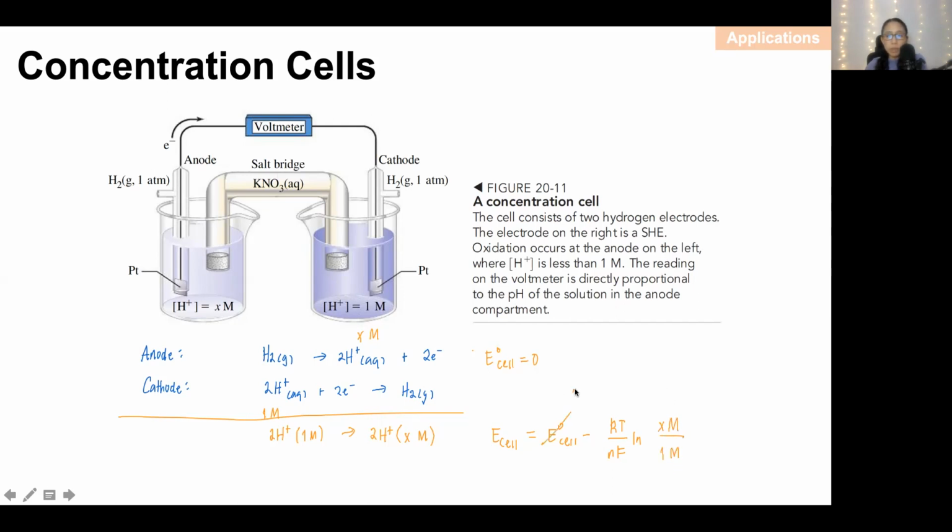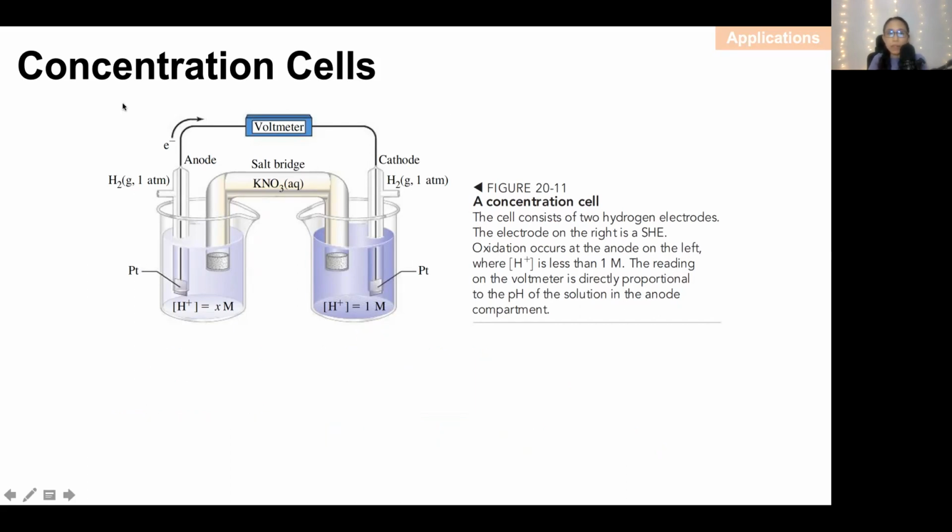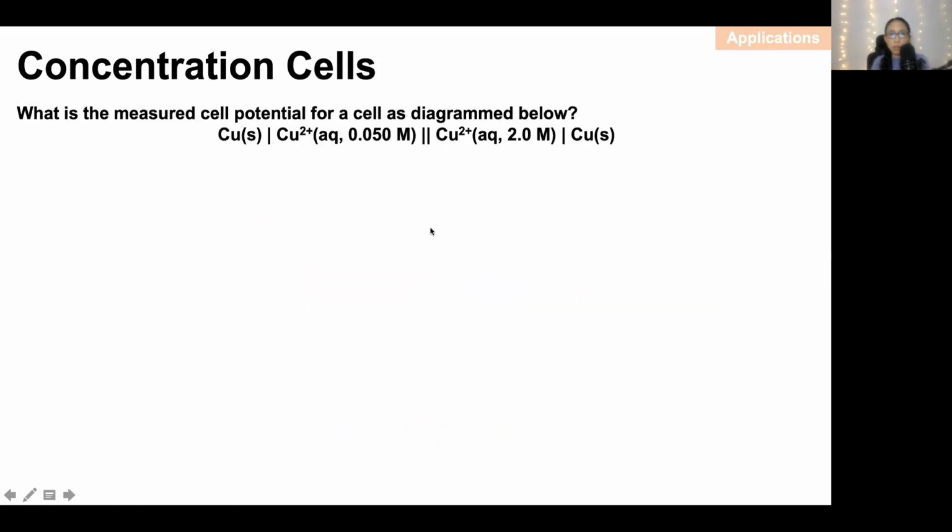E naught cell is 0 kasi nga reverse reactions lang yung nasa anode and nasa cathode mo. But you still measure a certain cell potential because of the difference in the concentrations of your ions in the two electrodes. Okay? So for example, class, let's try to solve this one.